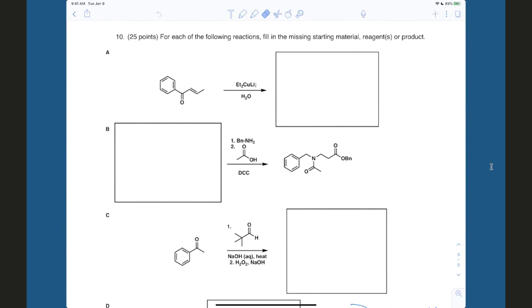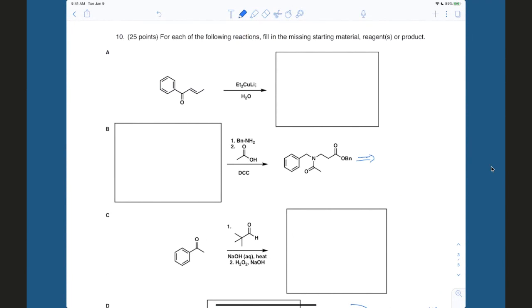So let's see if we can go backwards. So if we do retrosynthesis and we go backwards a step from, yeah, Wolff-Kishner is probably what you meant for 10D. That's right.